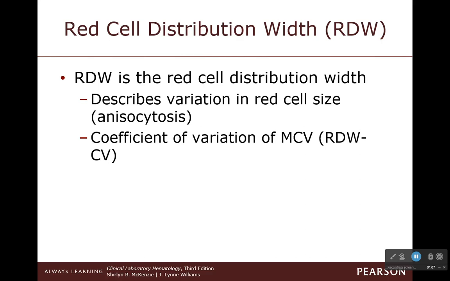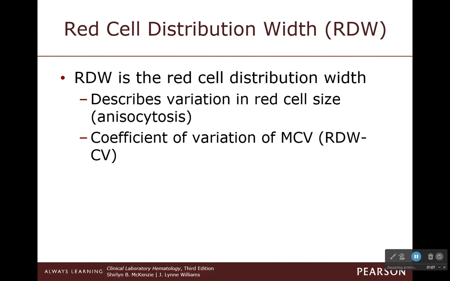Okay? When you see that, this is known as anisocytosis. Okay? Increase in RDW means you have lots of different cell sizes, so it is known as anisocytosis. Okay?